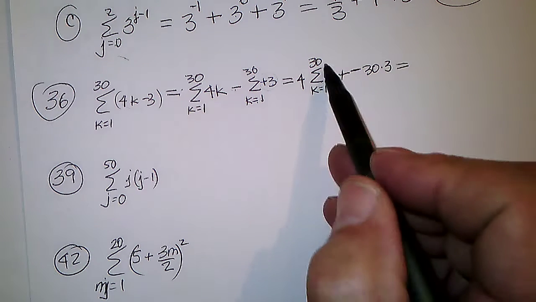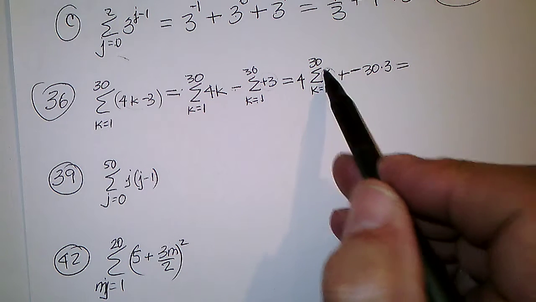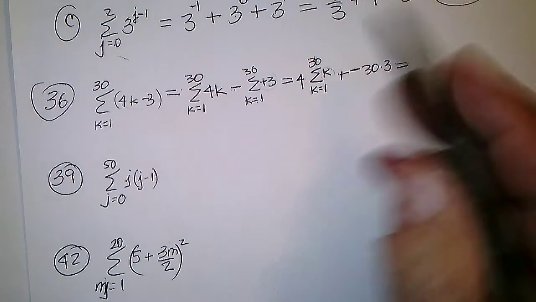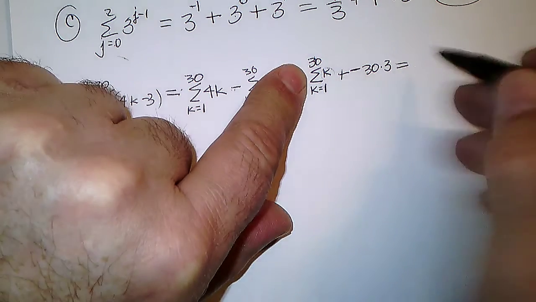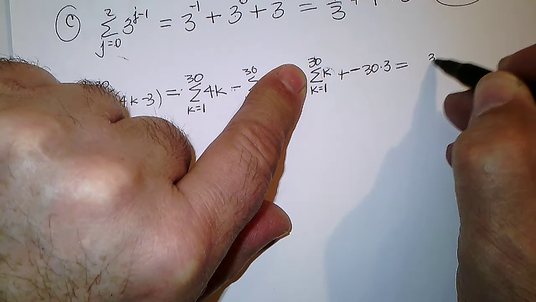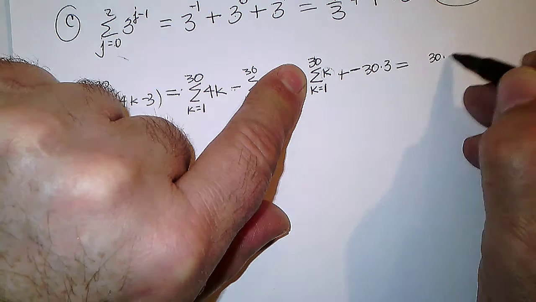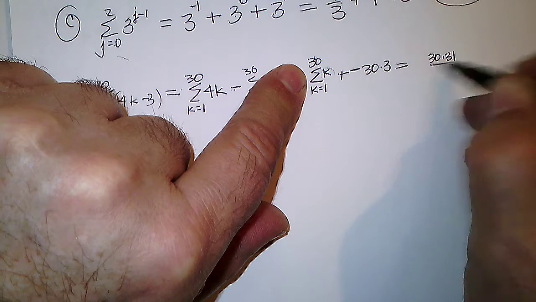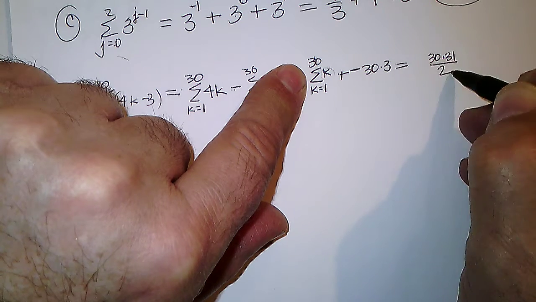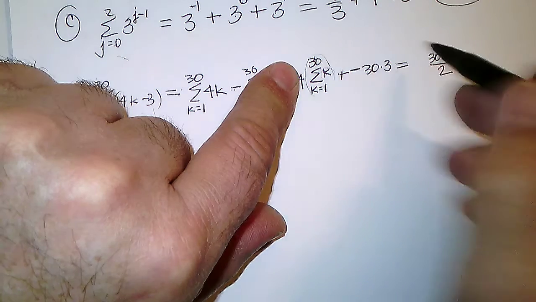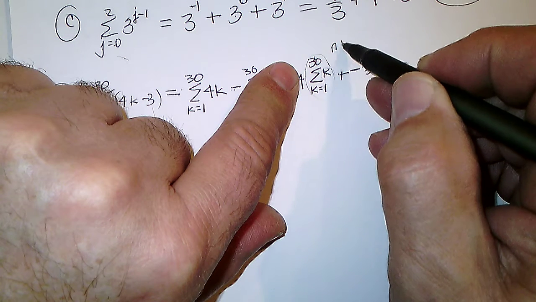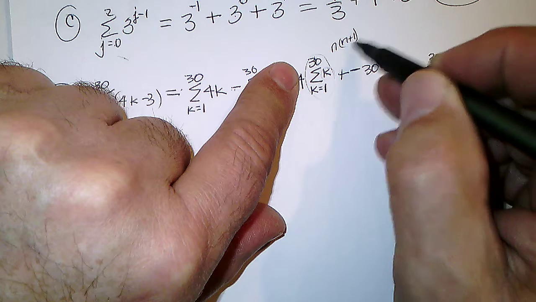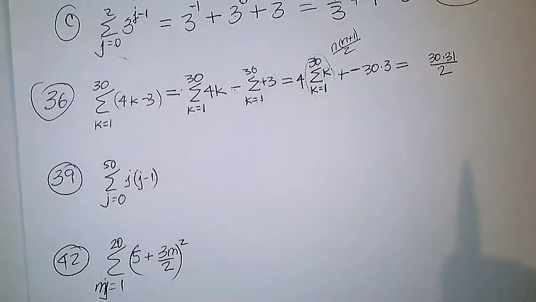Now the formula for just a single variable going from 1 to 30 is the variable, the end, 30, times 1 more than that, over 2. It's n times n plus 1 over 2. It's a formula in the book.